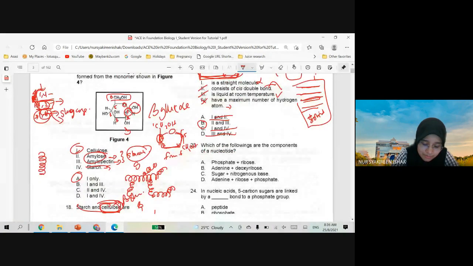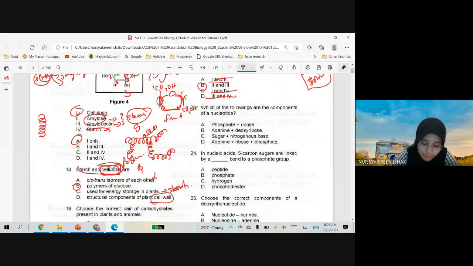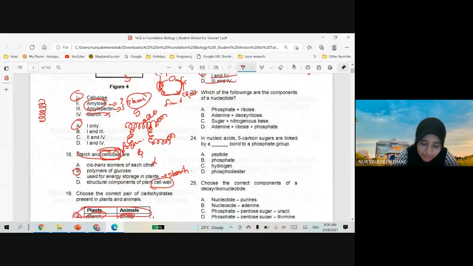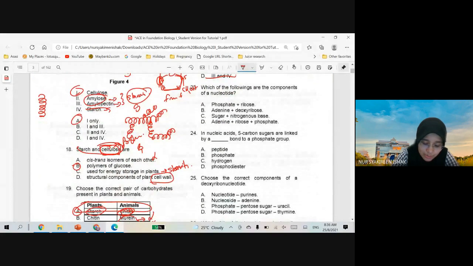So number 23, which of the following are the components of a nucleotide? Obviously a nucleotide has 3 components, which is phosphate bonded to a 5 carbon sugar. It can either be ribose or deoxyribose, depending on the molecule. If it's DNA, it is deoxyribose.